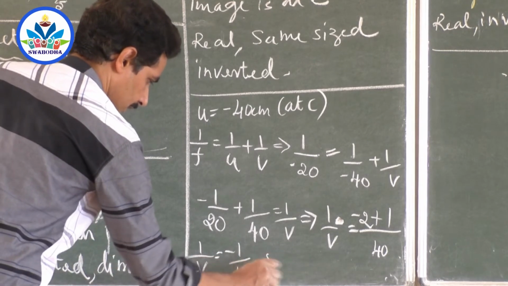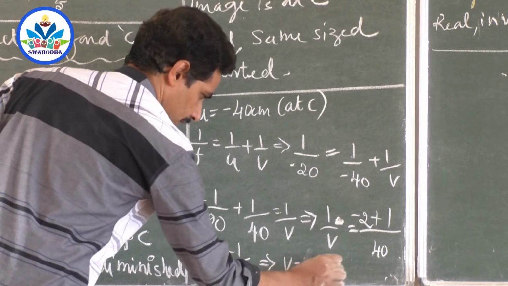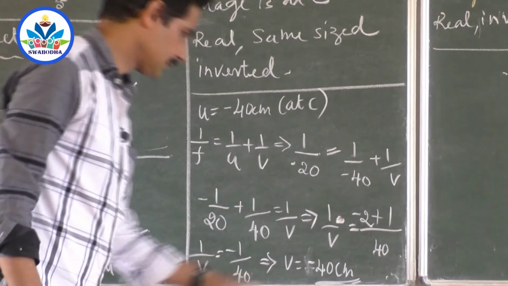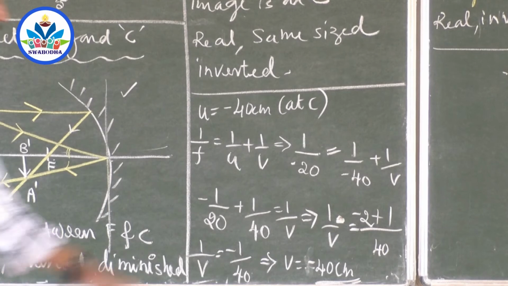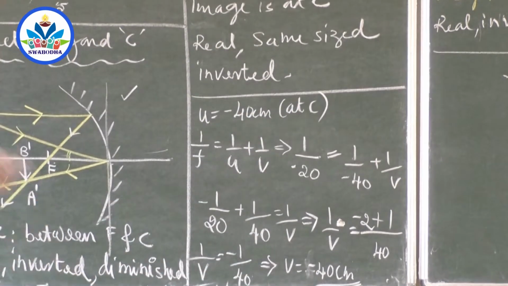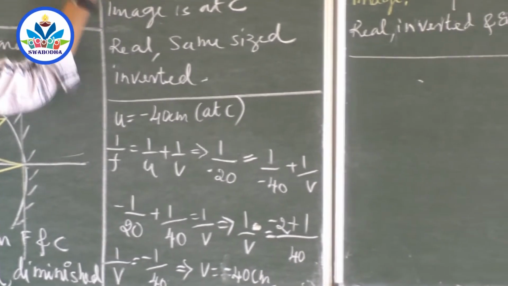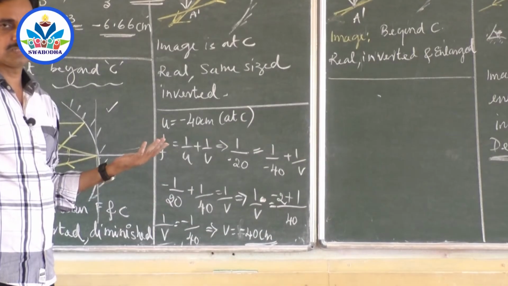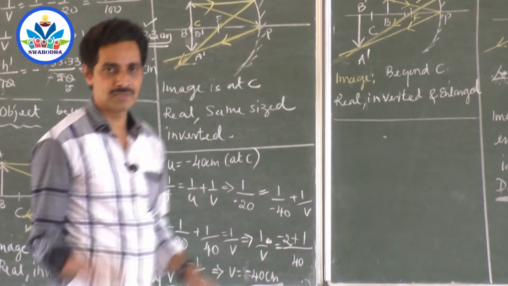That implies V is equal to minus 40 centimeters. So you know the meaning of each sign here. Minus on the same side, left hand side. 40 same as object distance, same sized here. And if you calculate magnification, definitely you will get 1, because 40 by 40, it is 1.